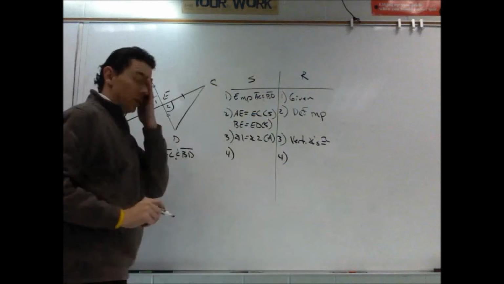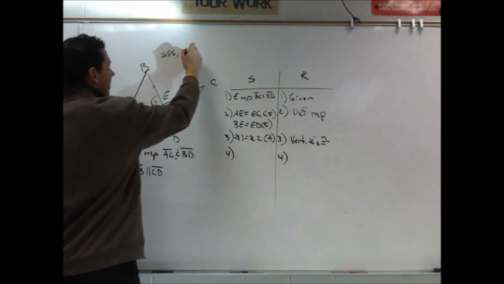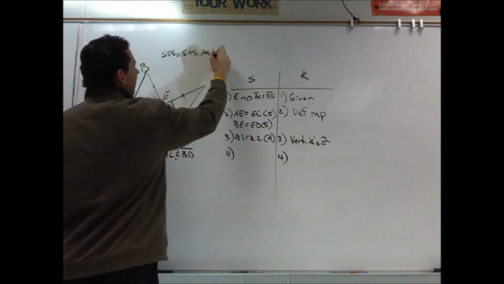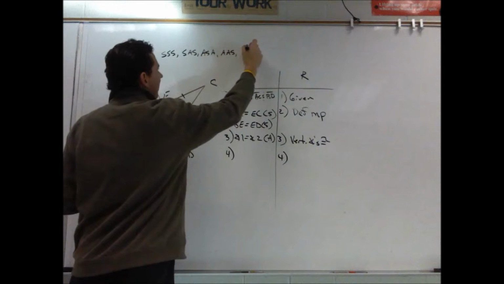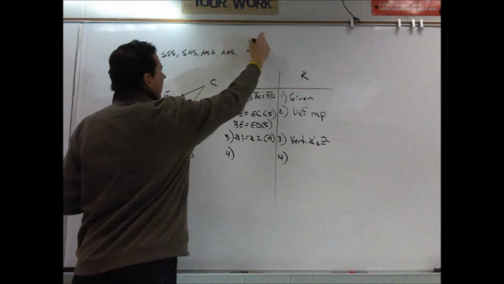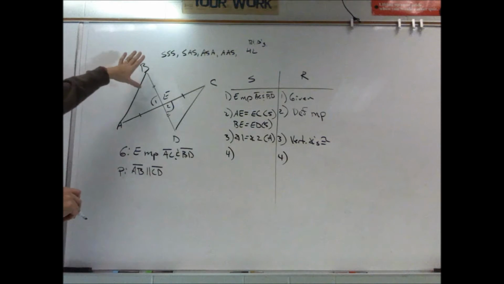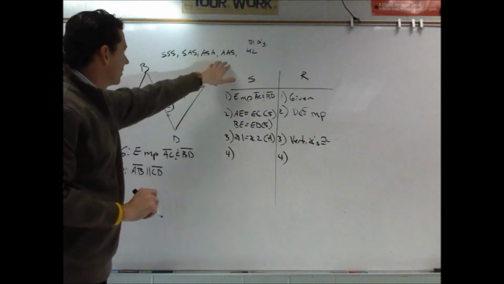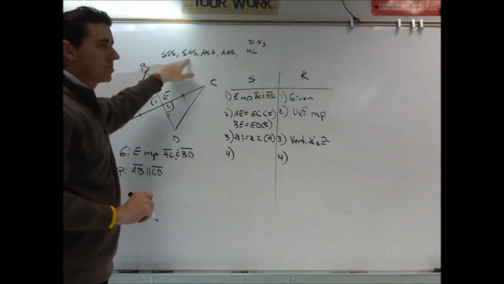Now, when we think about proving triangles congruent, we had five ways, right? SSS, SAS, ASA, AAS, hypotenuse leg if they're right triangles. Or SOS. No, there is no SOS. The reason we're putting those letters is not that order is relevant, but does it match up to one of these? So if I have two sides and an angle, I want to see, is it side, angle, side?